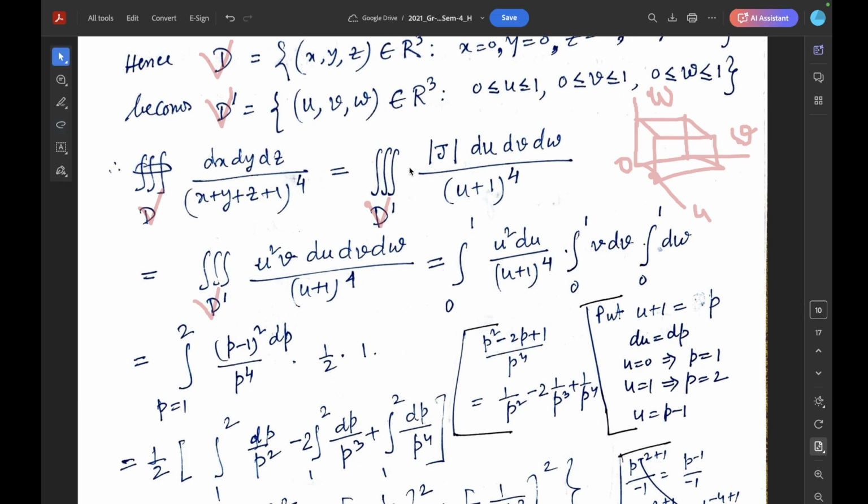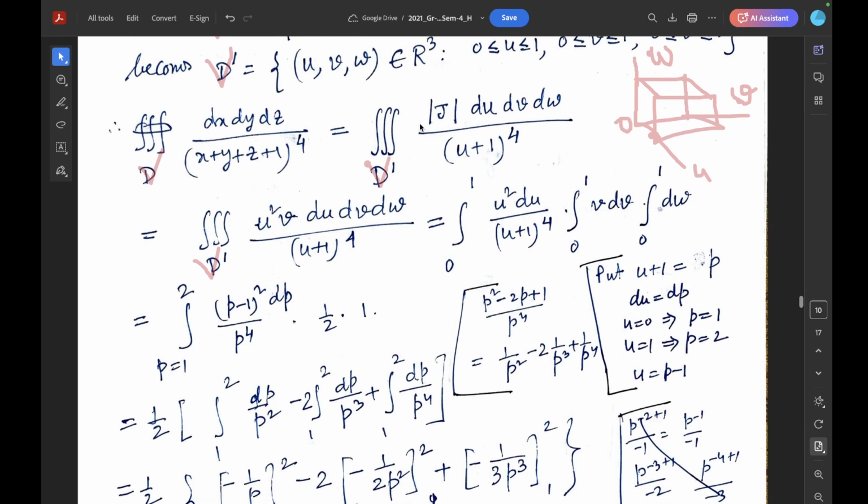So this is the integration over V dash of modulus of J du dv dw, and x plus y plus z equal to u, so u plus 1 whole to the power 4. So this value is u squared v du dv dw over (u plus 1) to the power 4.